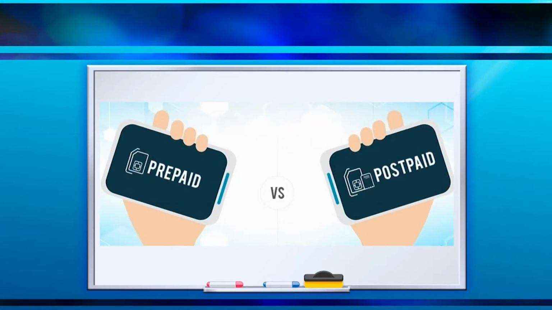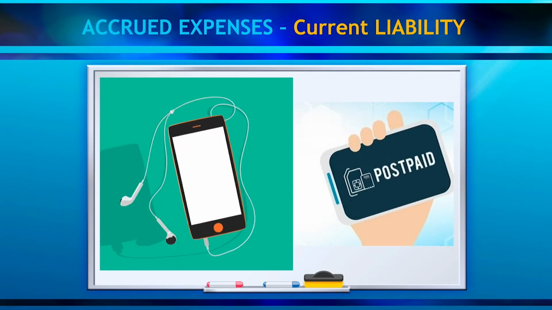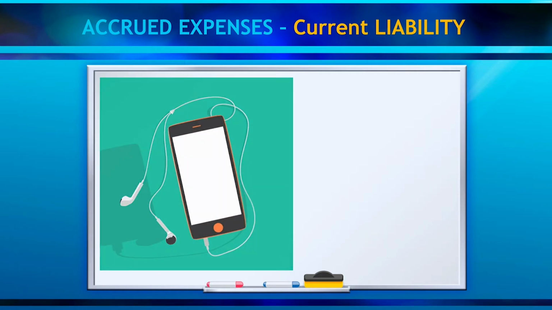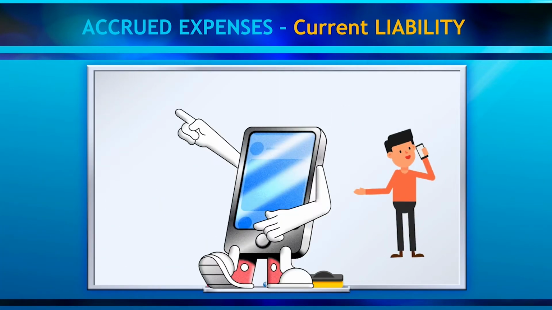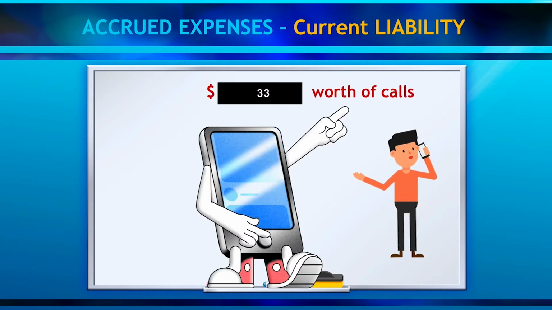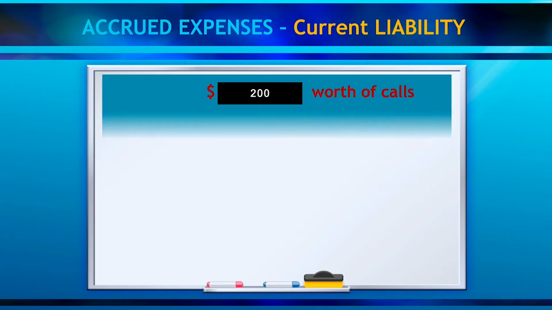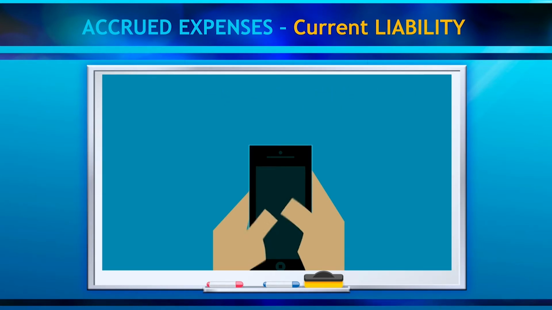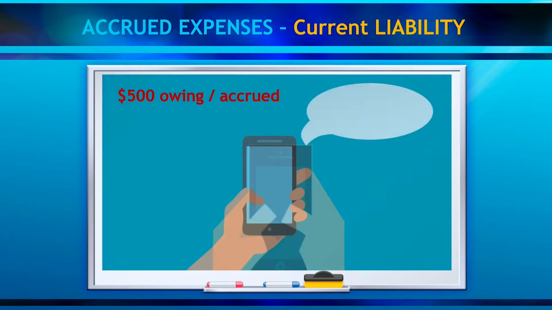Then we have the postpaid phone, which is different. The postpaid is that you pay after you have incurred. So you make all of your calls, and then depending on your usage of the phone, in this case $500 worth of calls, you will now have to pay that amount.